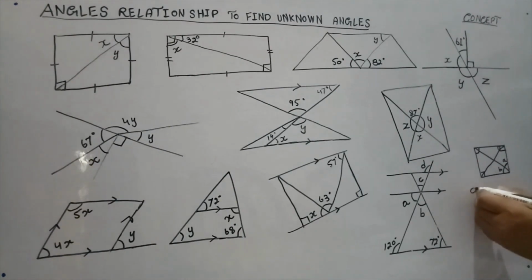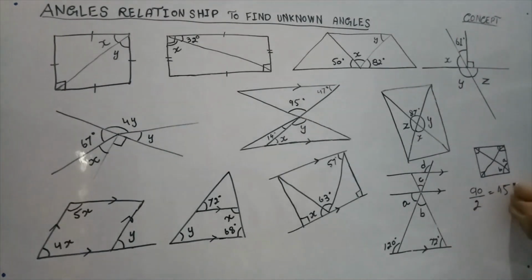It means the 90 degrees is going to be divided by 2, so we get 45 degrees. It is the measure of one angle because the total is 90 degrees and it divides into angle A and angle B, which are equal angles.